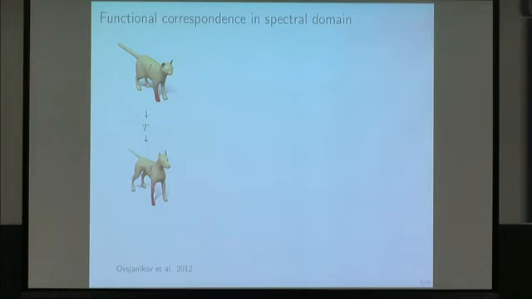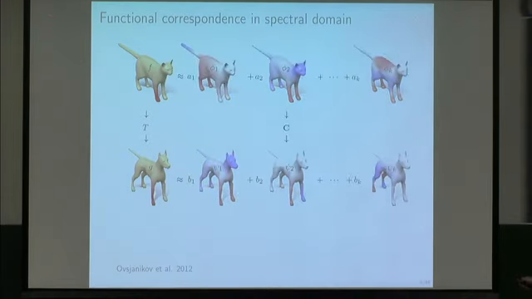Now, if I equip these 2 manifolds with orthonormal bases, I can decompose this function f and this function g into a Fourier series with respect to these bases, and of course I can truncate this series to get some kind of band-limited approximation. Once I change the basis, this linear operator can be encoded by a k by k matrix, where k is the number of basis functions that I'm keeping for my approximation.